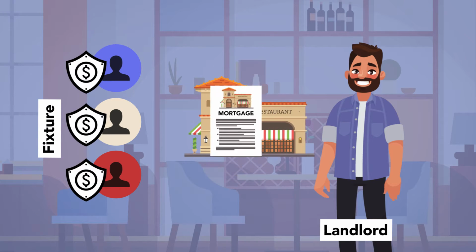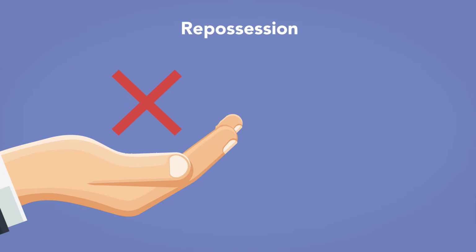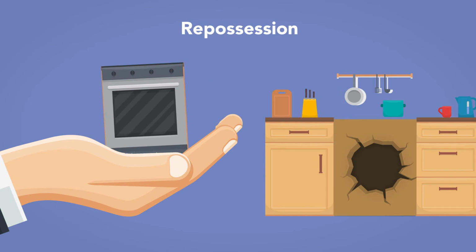Because of the other interests in the real property, a fixture lender does not have as much freedom to act on its collateral as if the collateral were still tangible and movable goods or intangible assets. Indeed, repossession of the fixture may be impractical because removing a fixture could cause substantial damage and impair a landlord or mortgage lender's interests in the real property.